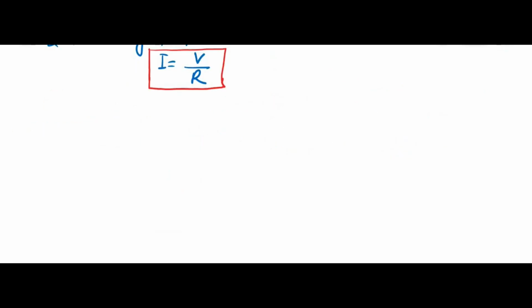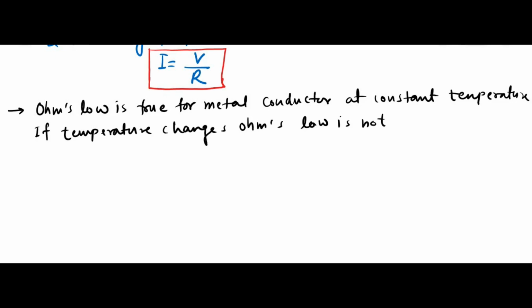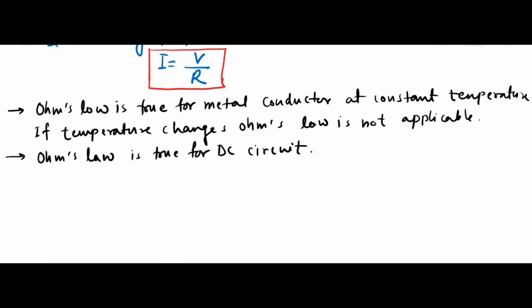Students, some points we have to remember for Ohm's law. First, Ohm's law is true for metal conductor at constant temperature. If temperature changes, Ohm's law is not applicable. Second, Ohm's law is true for DC circuit.